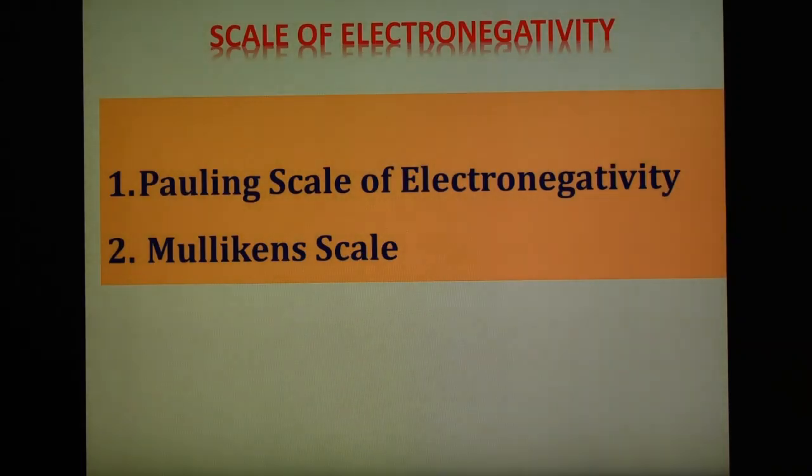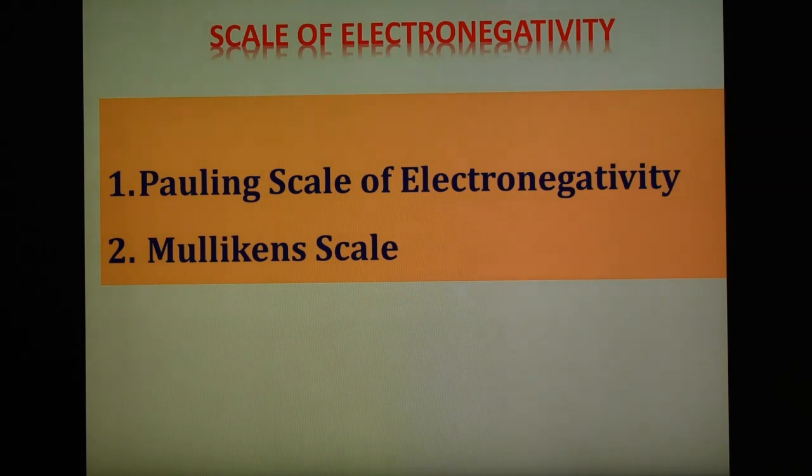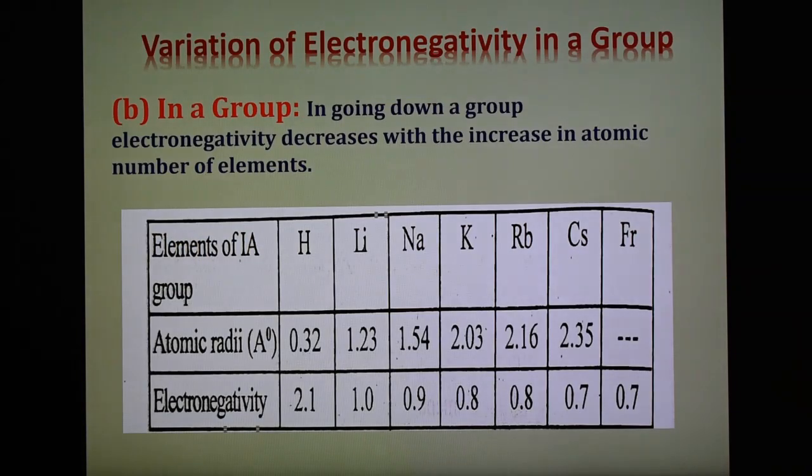The values are shown here for the group: lithium, sodium, potassium, rubidium, cesium. This is the first group, and the value decreases: 2.1, 1.0, 0.9, 0.8, 0.8, 0.7 and 0.7.